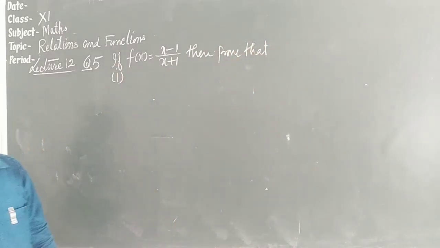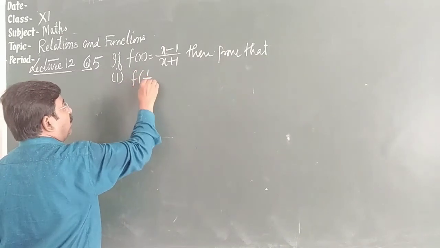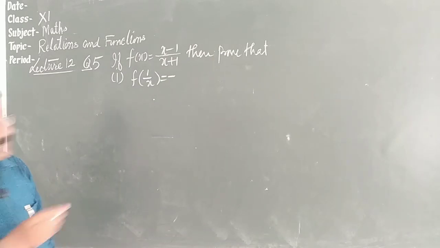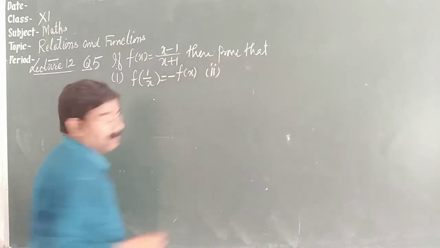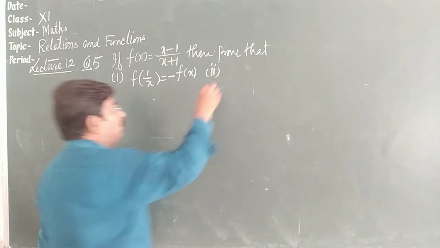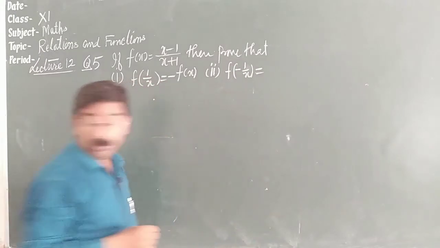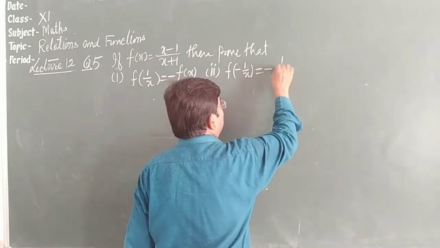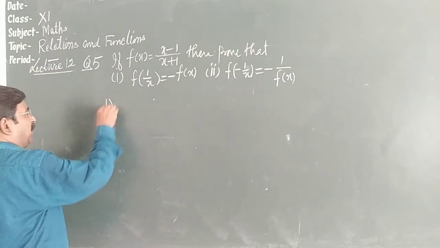I will solve one of the parts and you will solve the other one. We have to prove that f(1/x) = −f(x), and the second part is f(−1/x) = −1/f(x). So simple question.